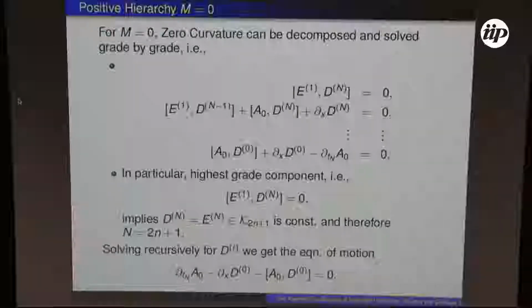And in particular, solving the highest grade equation, you determine dn to lie in the kernel. And the kernel has grade 2n plus 1, therefore capital N has grade 2n plus 1. And then you solve for dn minus 1 and so on until you reach d0, and then you plug into the equation of motion. As an example, I have evaluated for n equals 3, 5, and 7.